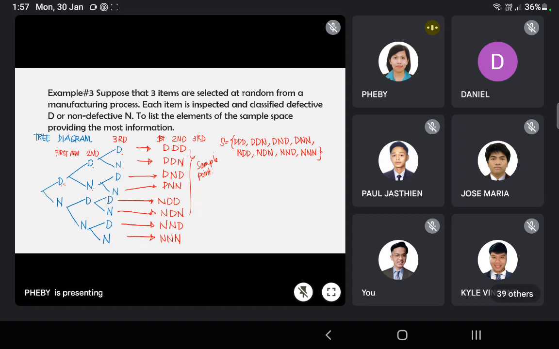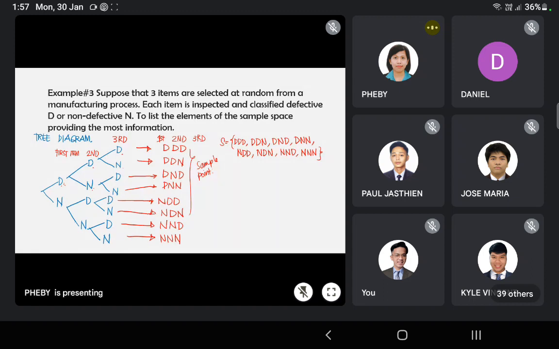So, there are 8 sample points, or 8 possible outcomes, or combinations by order: first item, second item, and third item. Okay? So, that is experiment number 2. Okay? It's easy, right? I don't think anyone fails in statistics and probability. You can do it.